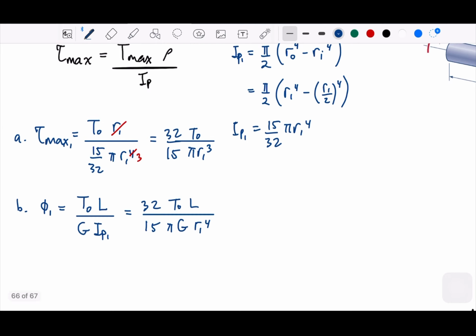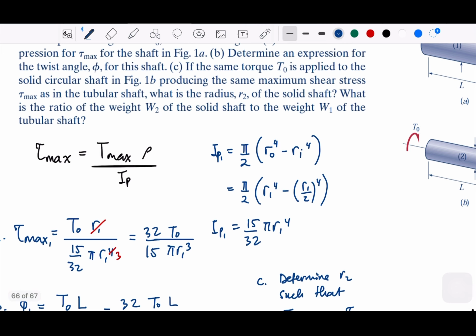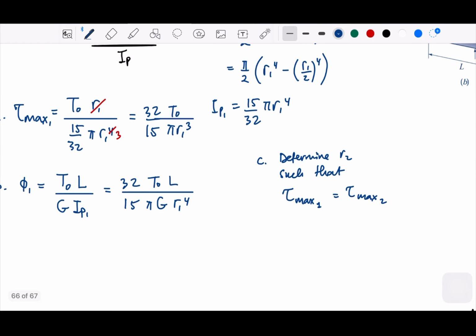That's it. And then C, let me write C on the right. C determine R2, right? Such that we imagine that the tau is equal. So the tau max for one equals the tau max for the second material, which is, we also have the same maximum. So we are going to have T2 equal T1 equal T0.